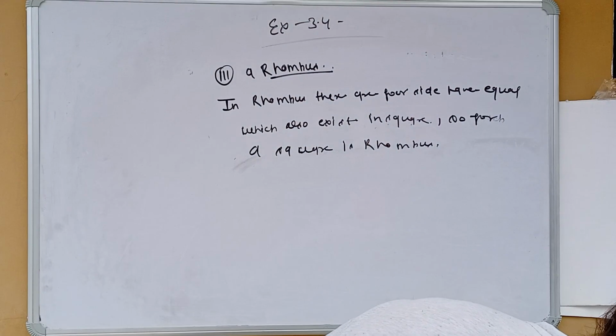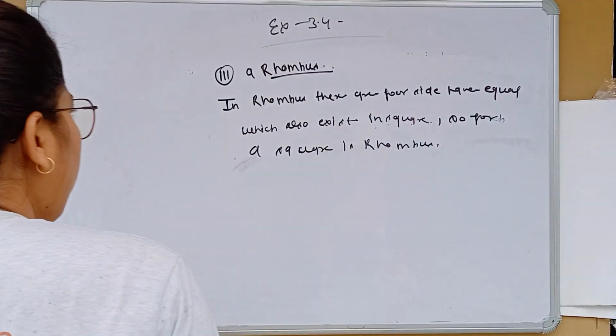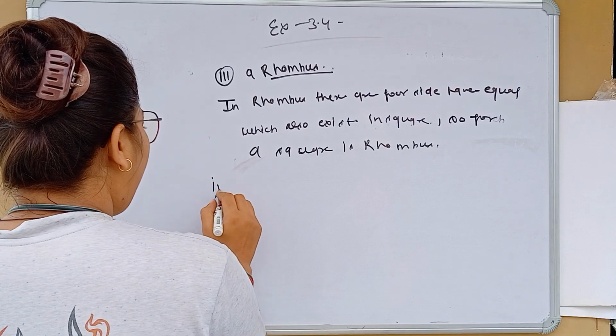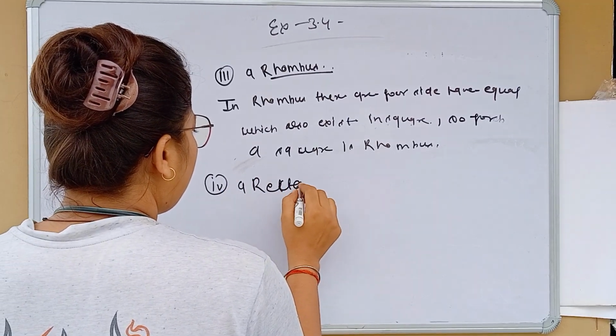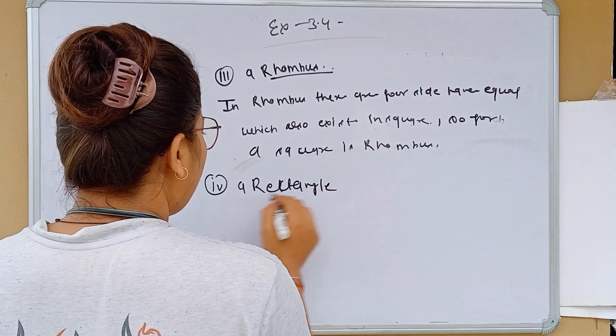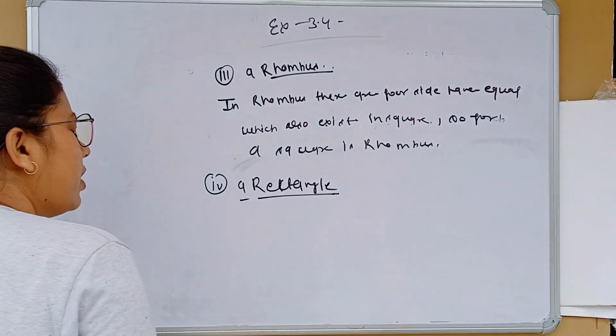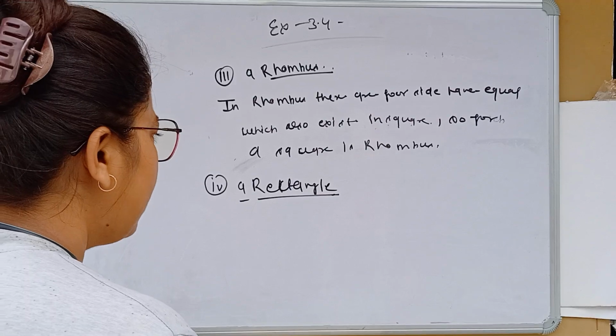So last is a rectangle. Okay, so we can understand how a square is a rectangle. So here write: a rectangle. How do we say a square is a rectangle?